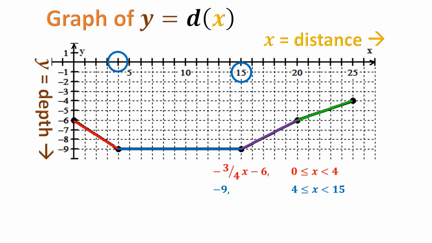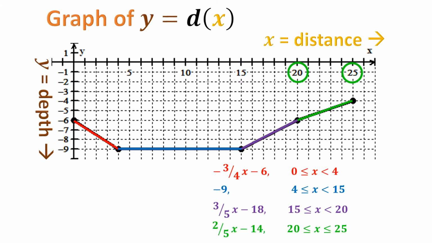This has a depth of -9 for all values of x between 4 and 15, including x equals 4. In the next section, we have the equation 3/5 x minus 18, but this is only good for values of x, distances of 15 to 20 feet, including 15. And finally, the same thing for the very last section, between 20 and 25 feet, including both of those numbers, we have the equation 2/5 x minus 14.